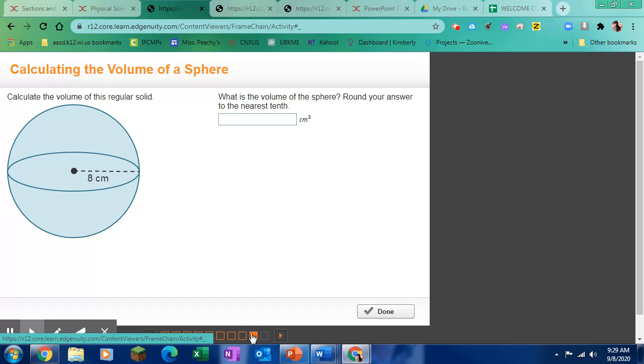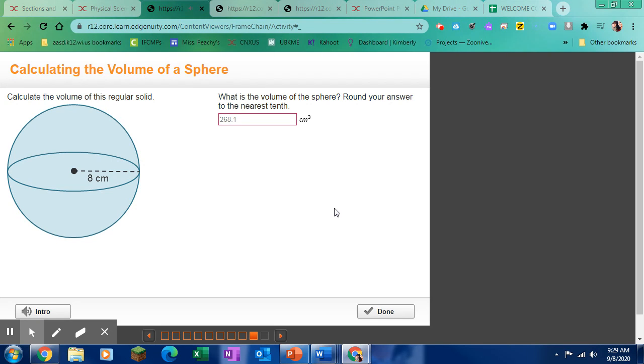Okay. Calculate the volume of the sphere. So 4/3 pi r squared. Radius is 8. We'll square it times pi equals, times 4 equals, divided by 3 equals 268.1. Remember that the volume of a sphere equals 4/3 times pi times radius cubed.